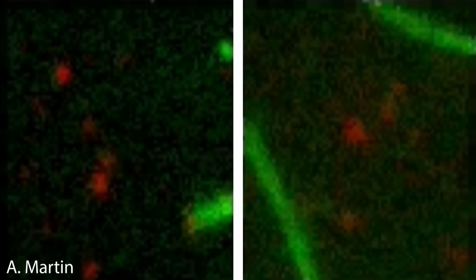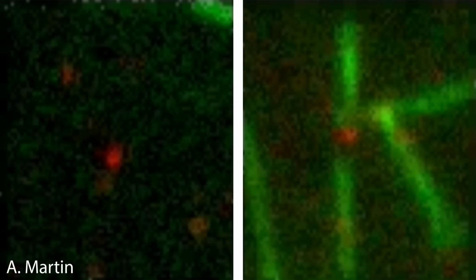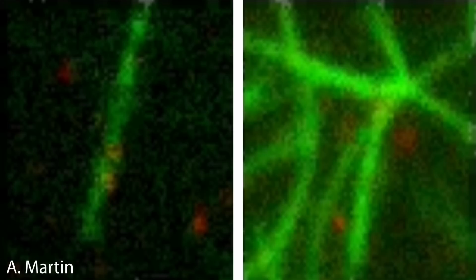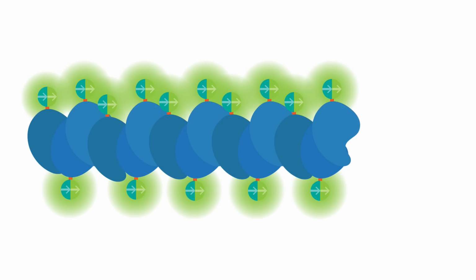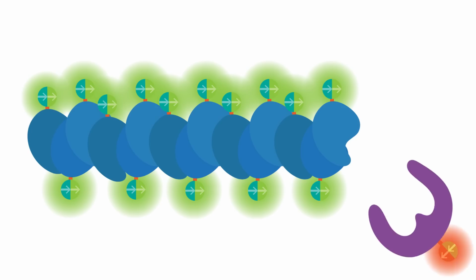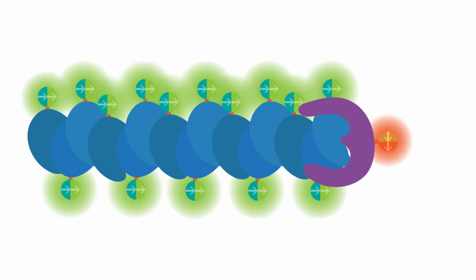Okay, so using this technique, you can see how actin, shown here in green, self-assembles. But can you learn about how actin binding proteins mediate actin assembly? To do this, you would want to label not only the actin, but also the actin binding protein, so that you can visualize both simultaneously.